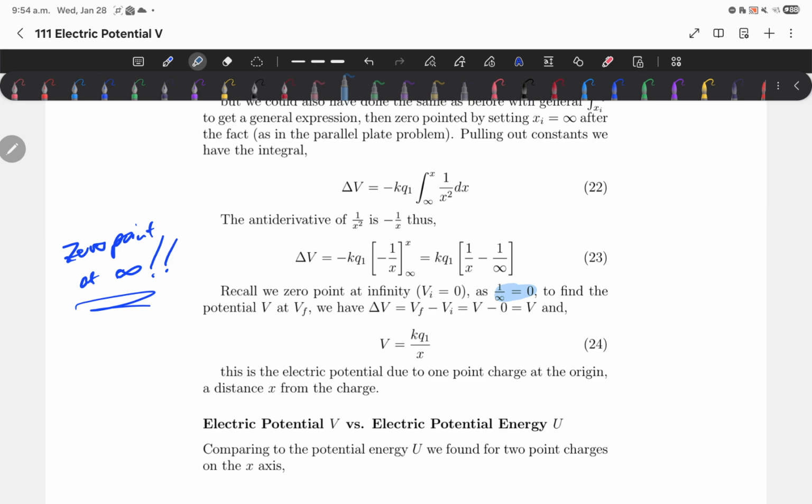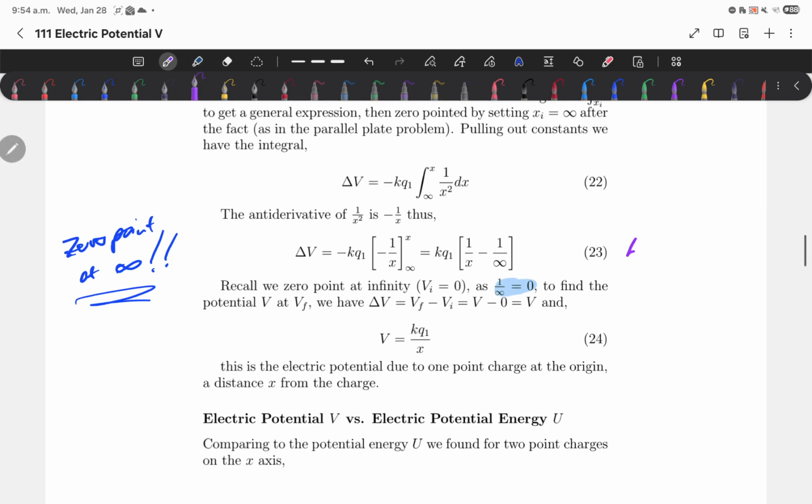We're left with kq over x, which is the potential due to the point charge. So what is this expression? For a single point charge, the electric field is defined everywhere, right? Now, for that same single point charge, we can define the potential everywhere. This is what the potential is due to that one point charge at the origin.